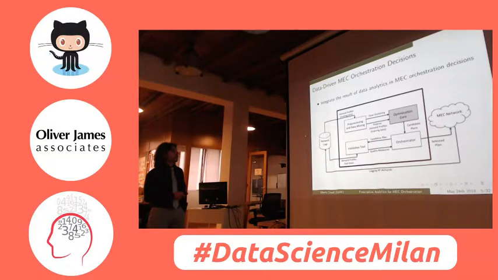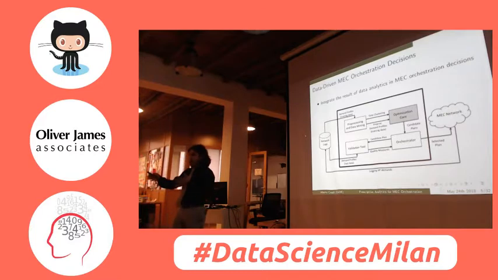So we try to use, for taking these tactical proactive decisions, this kind of data-driven architecture. So we assume to have our mobile edge computing network. We have an orchestrator running this network, so a software entity managing all these software virtual functions.